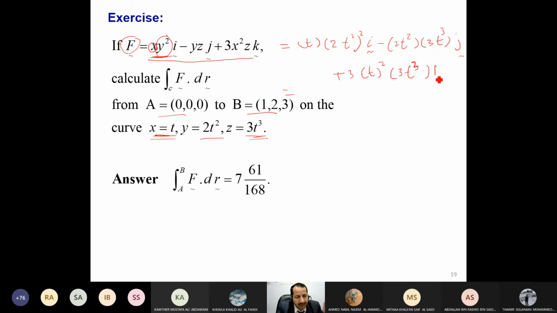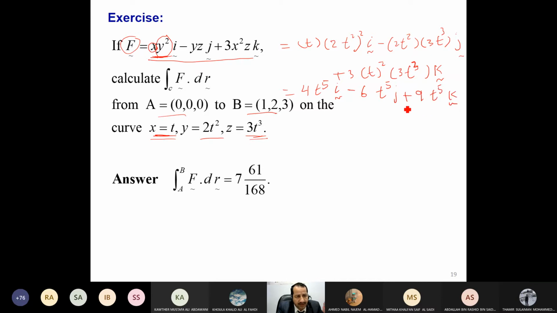Have a look. Here, k, definitely. Now, squared, it will be for t squared and for 2. So it will be 4t to the power 4 plus 1 t to the power 5. Please follow me. I may make some mistakes here. Follow me and correct me. Minus 2 times 3, 6t to the power 5 j, plus 3 by 9t to the power 5 k.